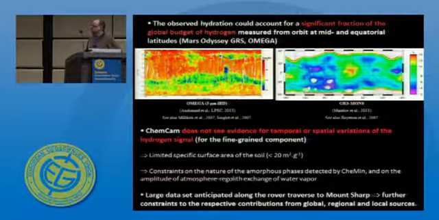This can put constraints on the nature of the amorphous phase detected by CheMin, which tends to be halloysite-like, but halloysites have a much higher specific surface area. We have a large data set, and we will have more data during the oncoming observations, which can give us constraints on global, regional, and local sources. And I'll stop there. Thank you.